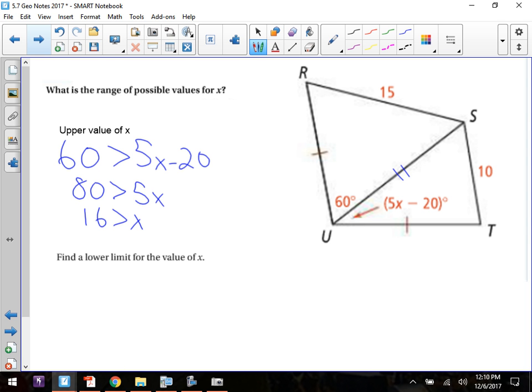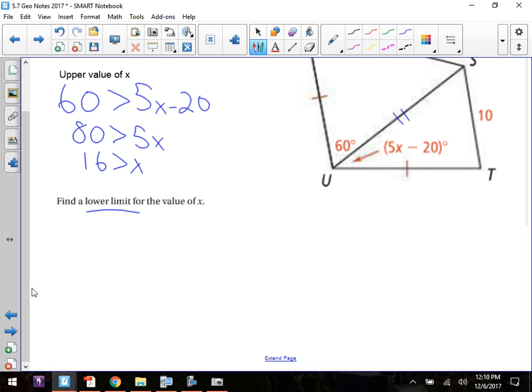What does that angle have to be larger than for the low end? No matter what, what does it have to be larger than? 0. It has to be bigger than 0. Okay, so it could be 1. The lower value is that you just set it greater than 0.